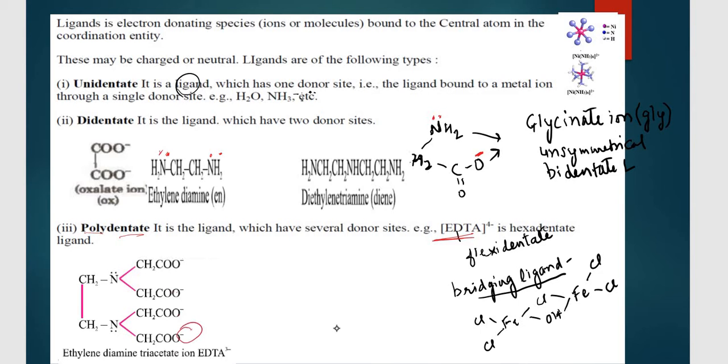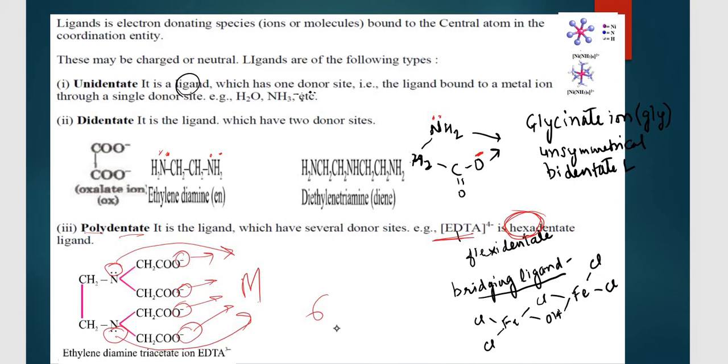So it has four donating sides, these four negative charges, through which it can donate its lone pair and make a coordinate bond with the central metal. Plus, it also has two sites where nitrogen has a lone pair which can also donate electrons to the metal. So in total, maximum it can have 4 plus 2, 6 donating sides. So it is also called a hexadentate ligand.